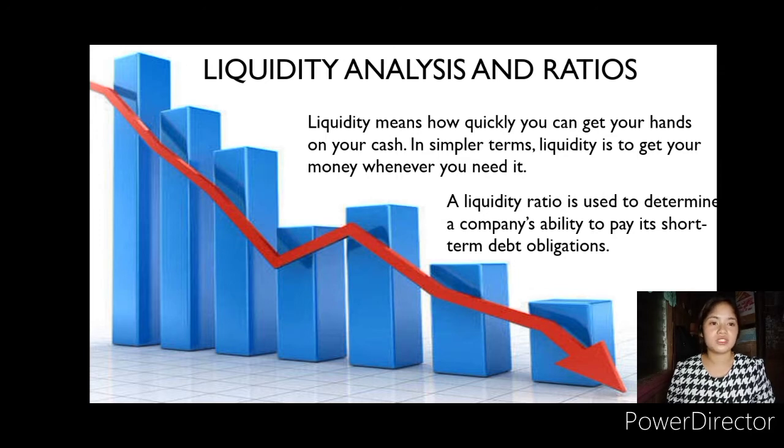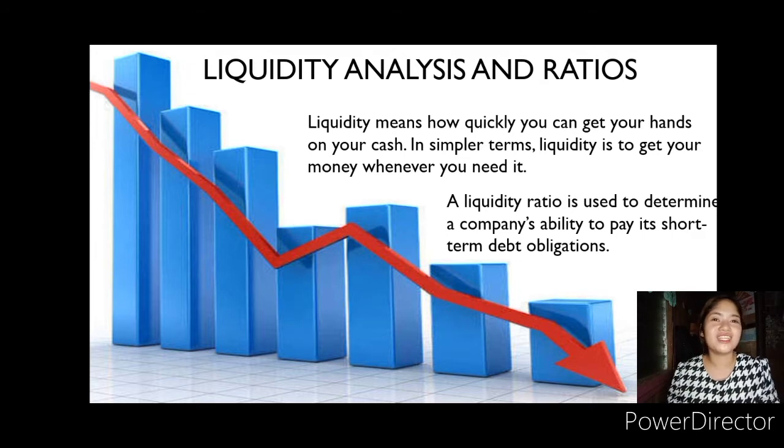So a liquidity ratio is used to determine a company's ability to pay its short-term debt obligation. Liquidity ratio analysis is the use of several ratios to determine the ability of an organization to pay its bills in a timely manner, or its ability to pay its short-term debt obligations.